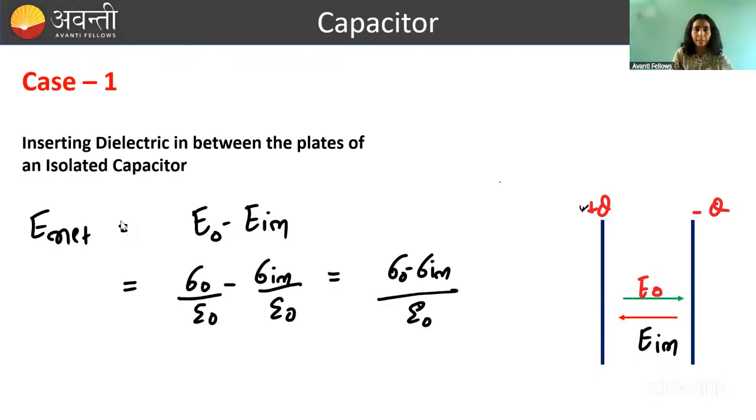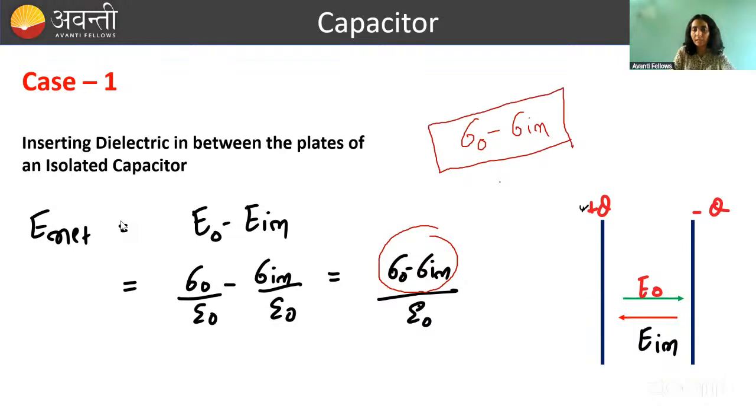This overall can be written as sigma naught minus sigma induced, the total surface charge density now. This whole is equal to sigma naught by K. I'm really sorry. So sigma induced we can calculate from here. What can you write for sigma induced from here? Sigma naught minus sigma naught by K.